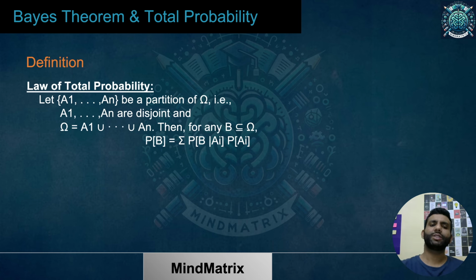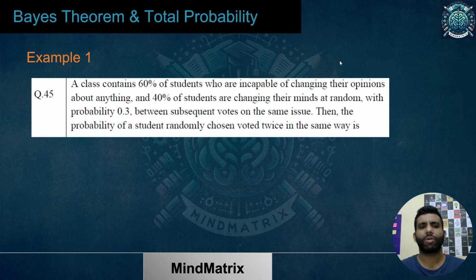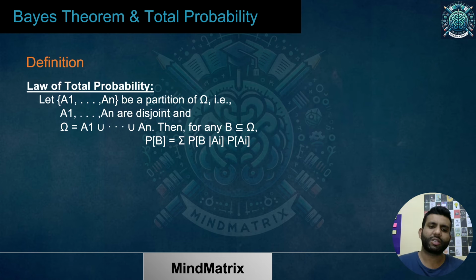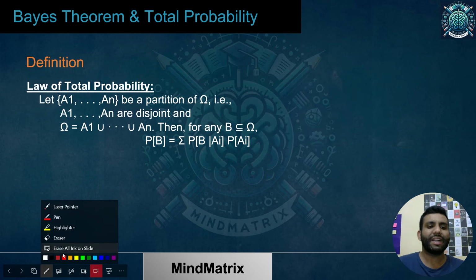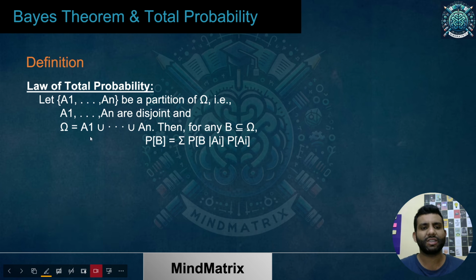Let's move further. Here is the first definition of the session, which is total probability. I hope if you have been following me on this channel, I have already discussed partitions earlier, and you have already seen this kind of expression as well. Let me just write two things.